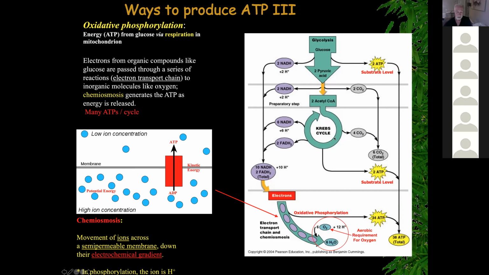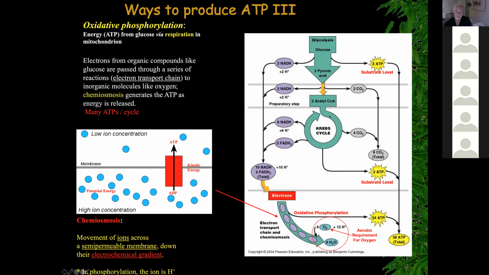And another consequence of the Krebs cycle is that more carbon dioxide is generated, so that from 1 molecule of glucose, we end up with 6 molecules of carbon dioxide. And as this cycle turns, there's another substrate level phosphorylation generating 2 ATPs.